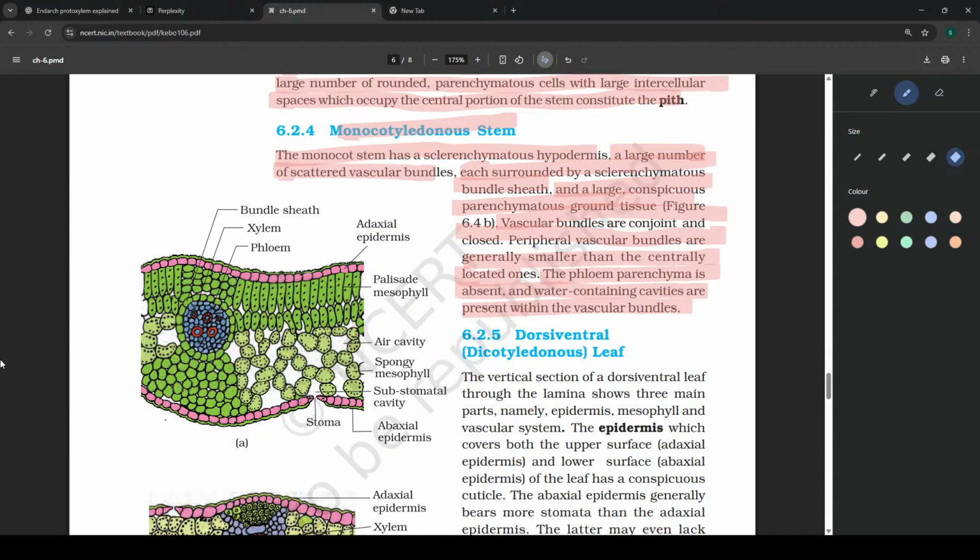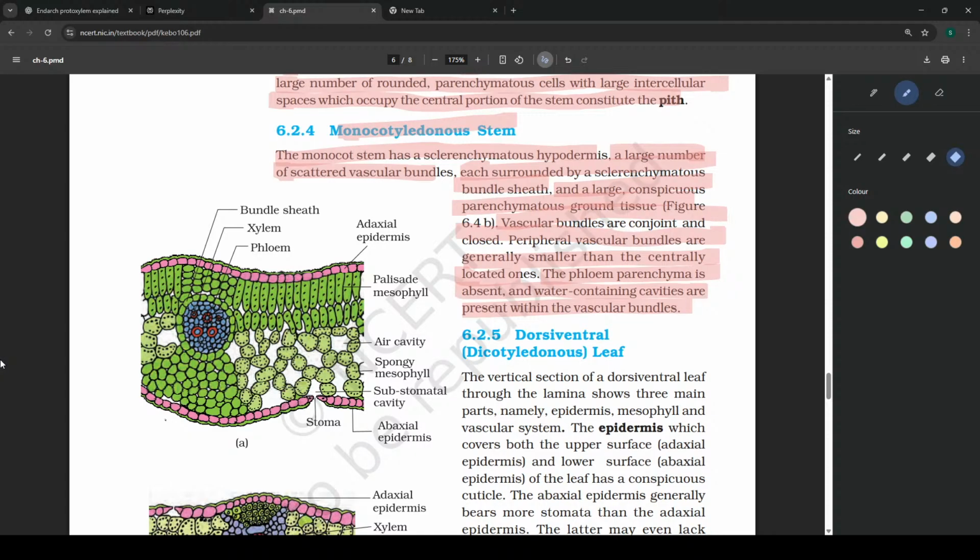And there is a large and conspicuous parenchymatous ground tissue. The whole thing other than the face-like structures is ground tissue only. So it is large parenchymatous ground tissue. These vascular bundles are conjoint and closed. One thing different is that they are closed, they don't have cambium.